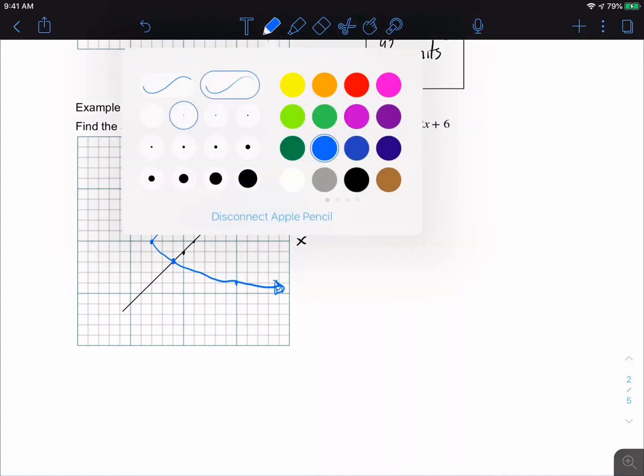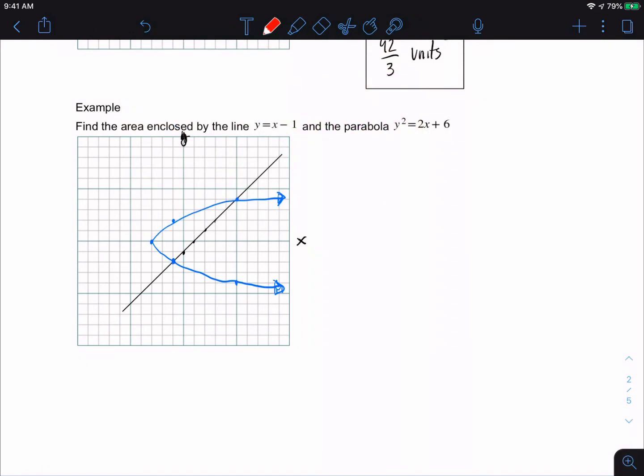Now, look at this. If we decide to do the cross-sectional slice, if I do a vertical slice, do I run into an issue?